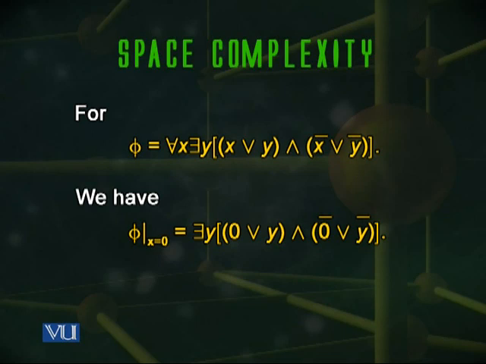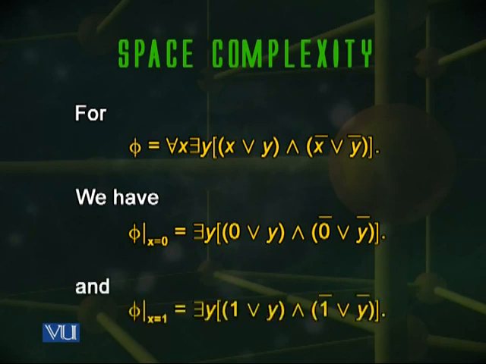So in this case the formula is there exists y, (0 or y) and (0 bar or y bar). The other formula we can get is by setting x equals 1 and throwing away, of course, the first quantifier. So in this case, phi restricted to x equals 1 is there exists y, (1 or y) and (1 bar or y bar).